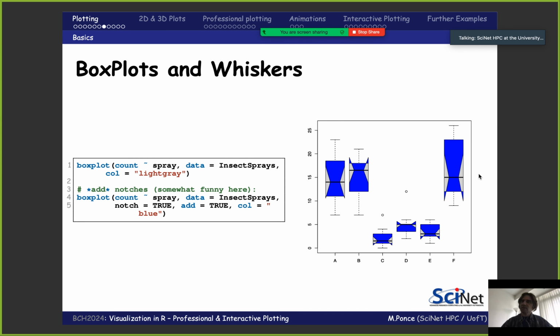Now you are not seeing this plot in the slide. What you are seeing is the plot coming from the second line, which is the one that had the notches, and the notches are this tiny thing. It's called notches or whiskers. And what it says is notch equal TRUE, and then the color is blue. So it had these notches and the coloring inside the box plot.